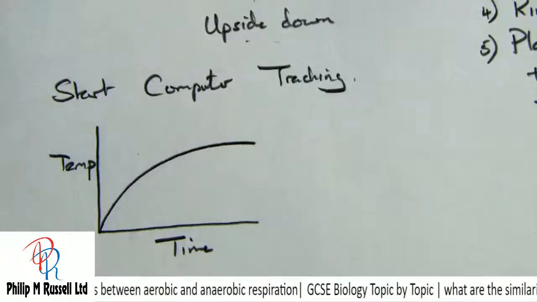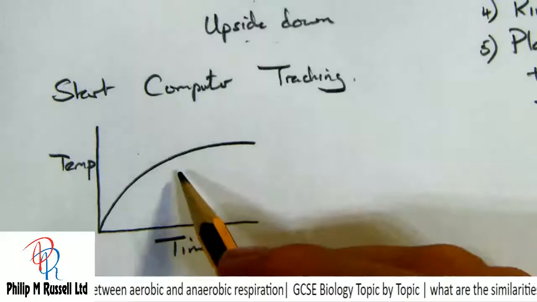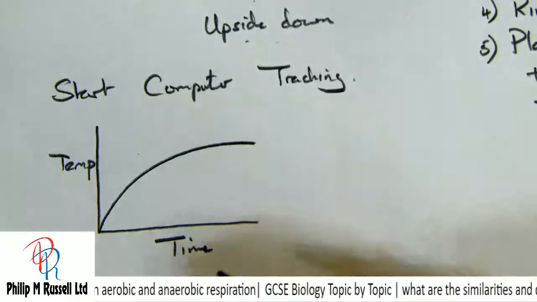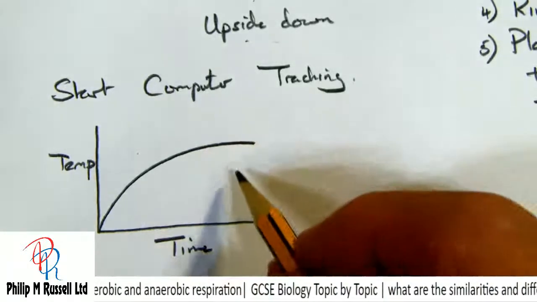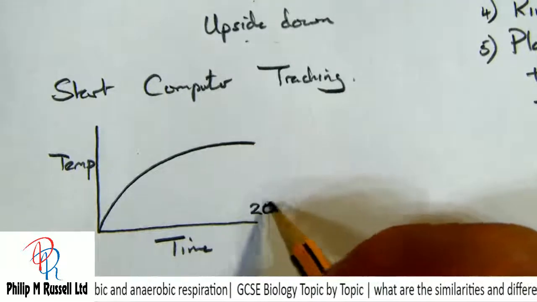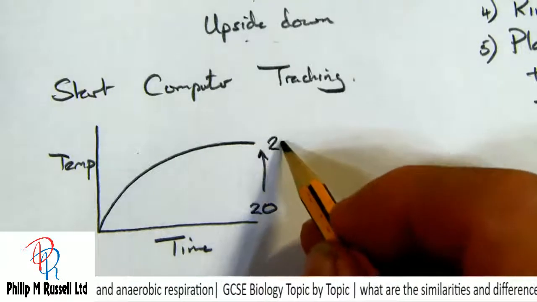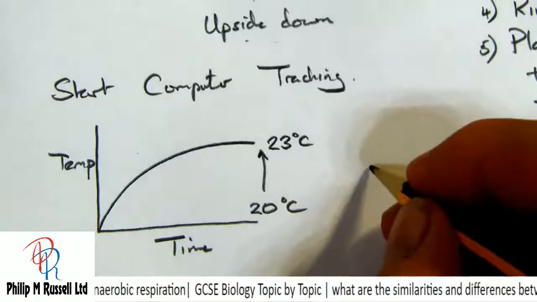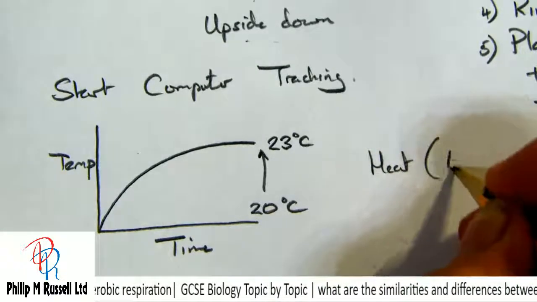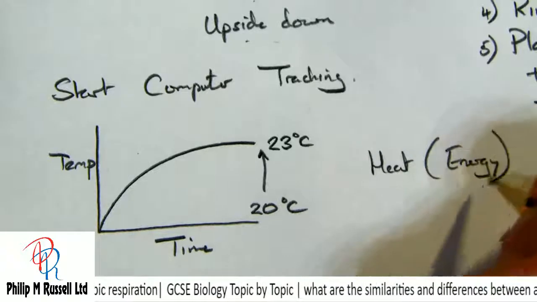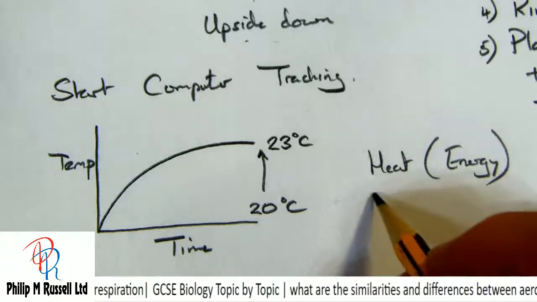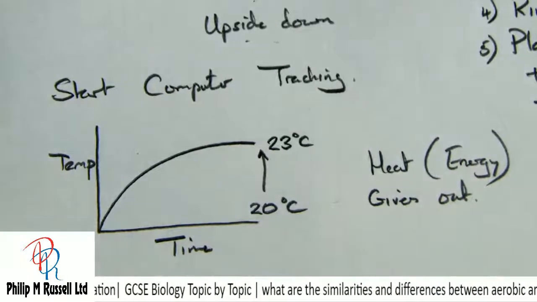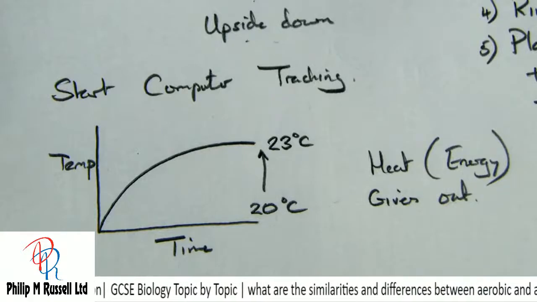Temperature and time. And we should see that the peas will rise in temperature maybe from something like 20 to 23 Celsius. It won't be very much, but it gives us an idea that heat or energy is basically given out. So heat is produced by respiration.